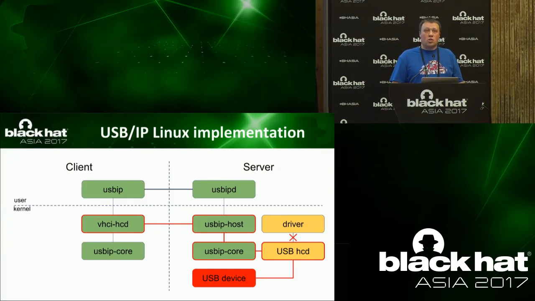And the virtual host controller on the client side, in its turn, just injects them into the USB subsystem of the client. It reports that as if a new device was plugged in, and the same happens as on the server side. So the Linux USB subsystem will try to load the appropriate device driver, which now begins to manage the remote device on the server.